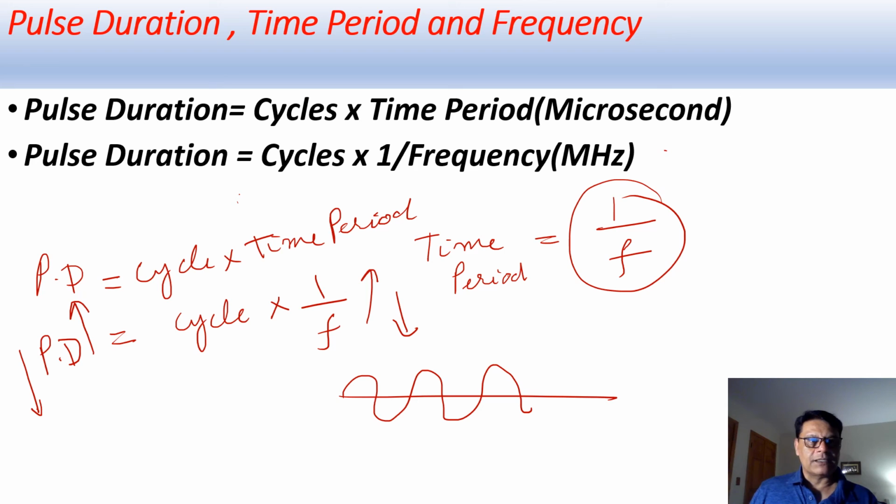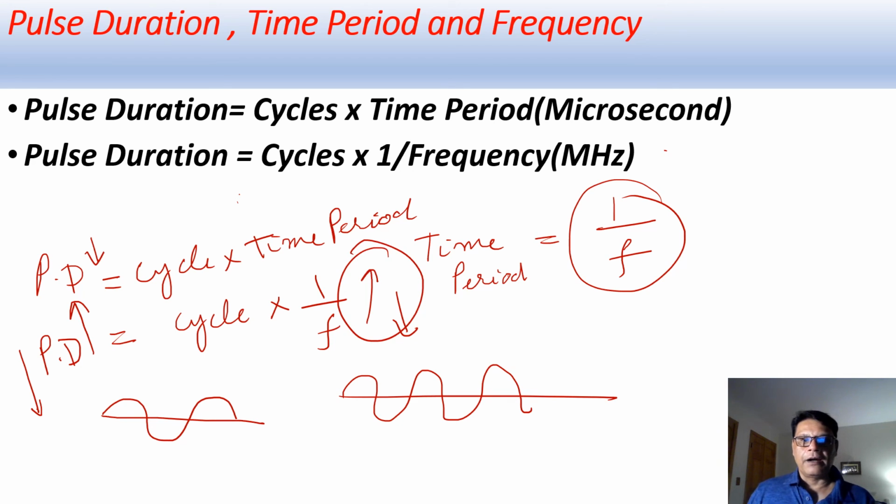If a small time is taken to create a pulse, it means the pulse duration is low and frequency will be high. And if there is a large pulse, it will take more time to create, so pulse duration will be high and frequency will be low.